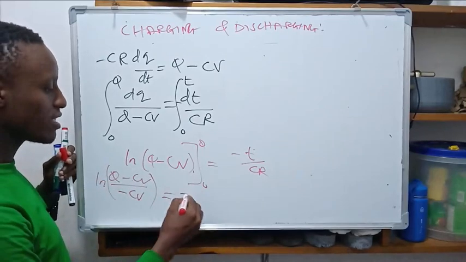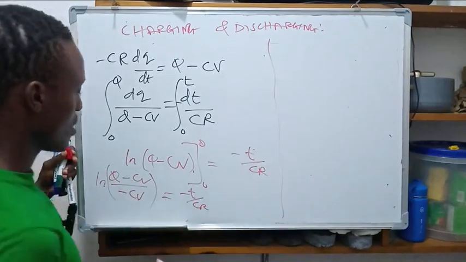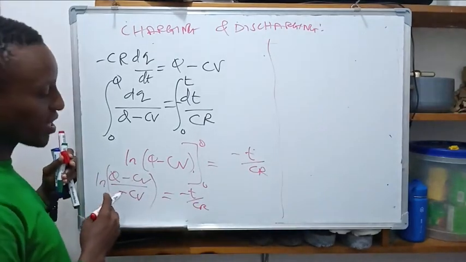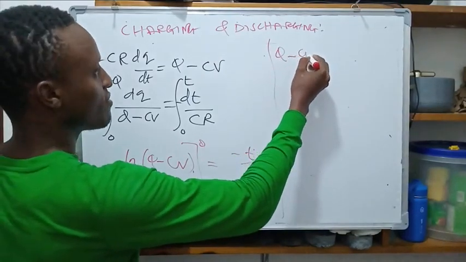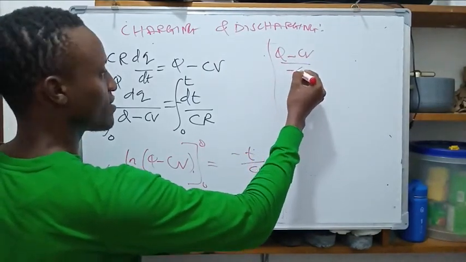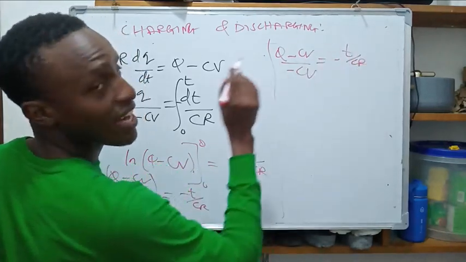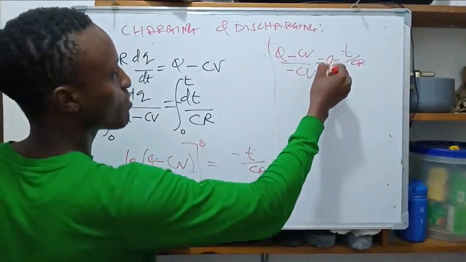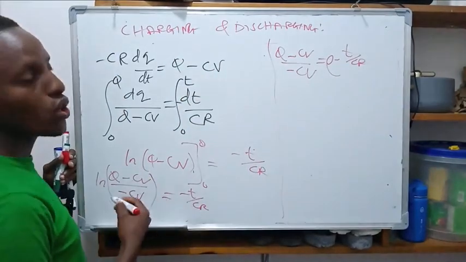So this is negative T over CR. We can say Q minus CV over negative CV is equal to negative T over CR. So the ln becomes e on the right side. This is ln base e, log base e.